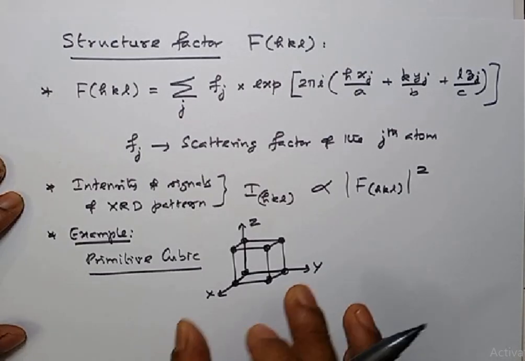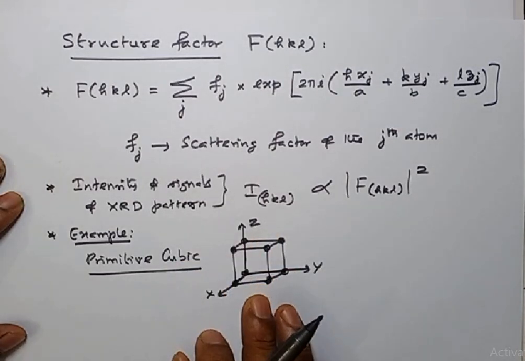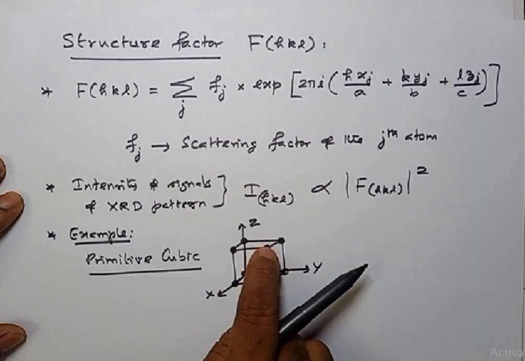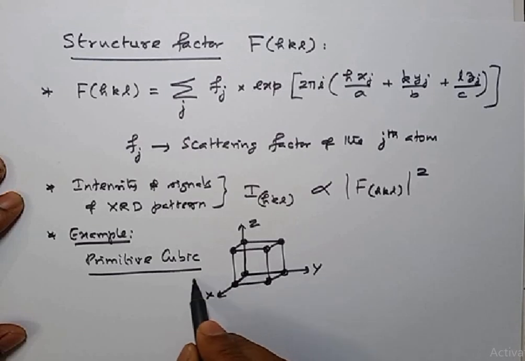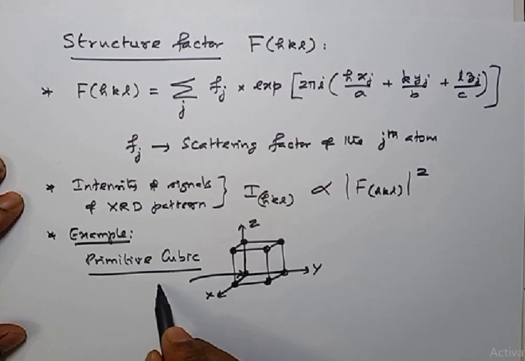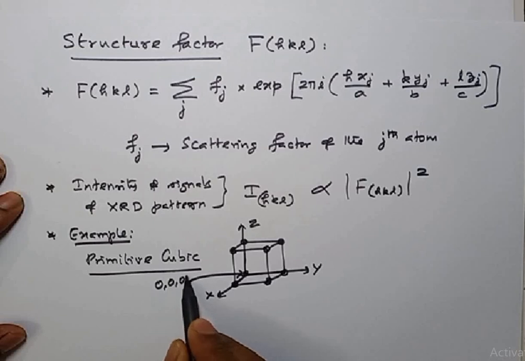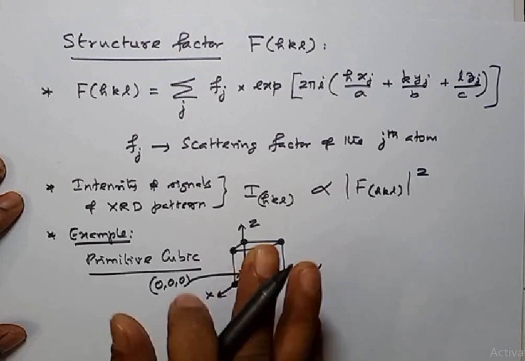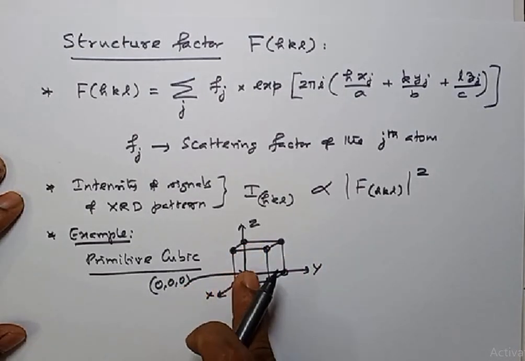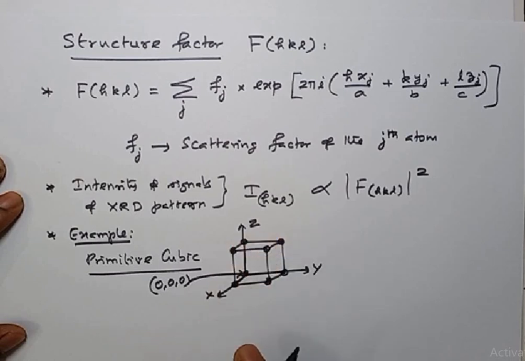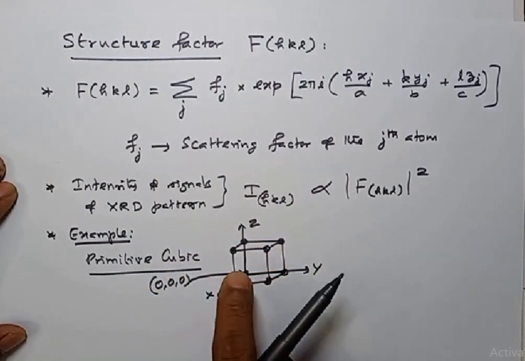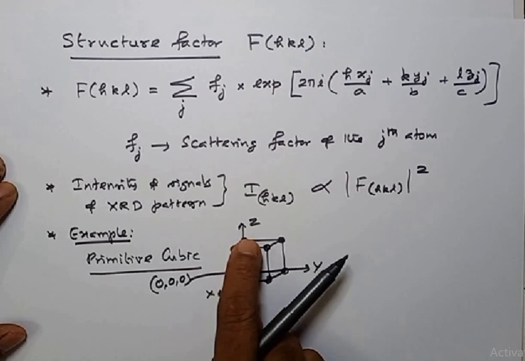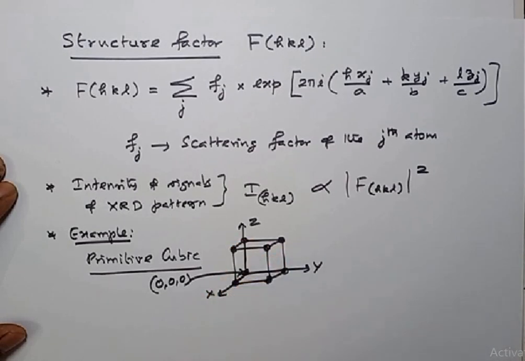Listen, if only corners are occupied, you can take any atom as origin. In this case I have taken this corner as origin, where the x value, y value, z value are all 0. But listen, you can keep the origin at any point on the corner. Since all these corners occupy the same position, for all these corners the values are 0, 0, 0 only.